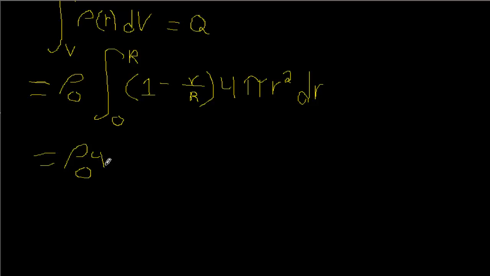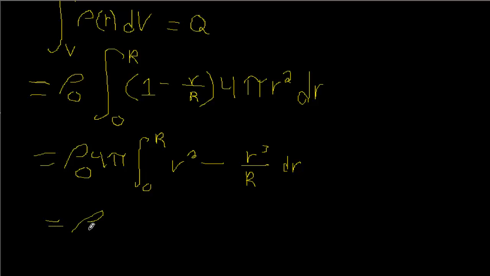You can pull all your constants out, and you'll see it's basically just an integration from 0 to R of r squared minus r cubed divided by big R, which is just a constant, of course, and of course that's a very trivial integration.